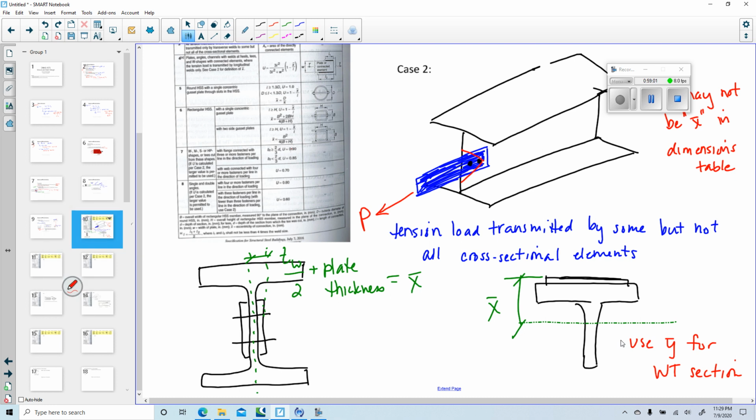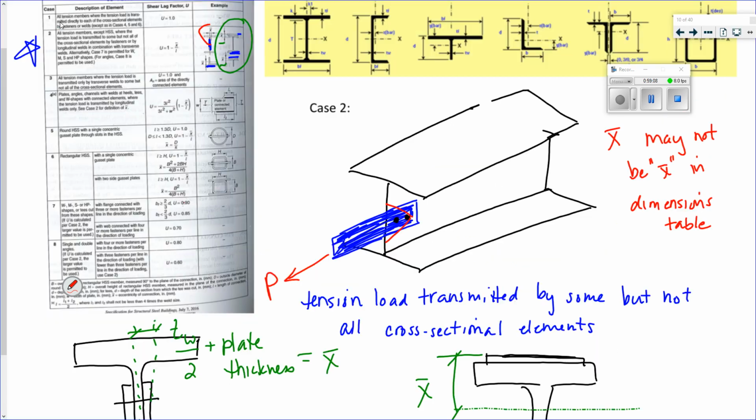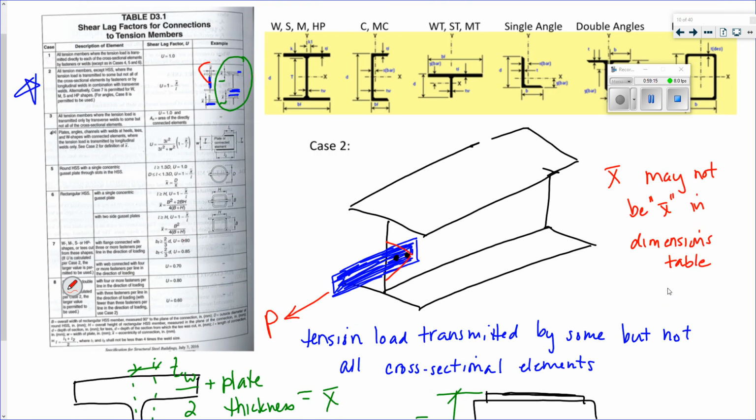We'll do some examples to have you look it up, but that's just to tell you, because it says X bar doesn't mean you're looking for a quantity called X bar.